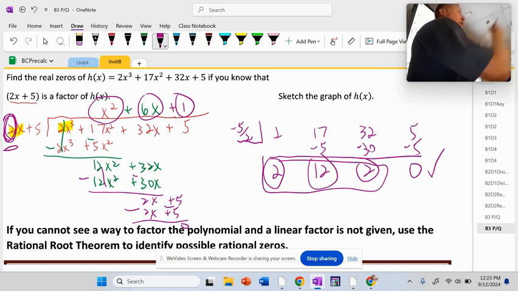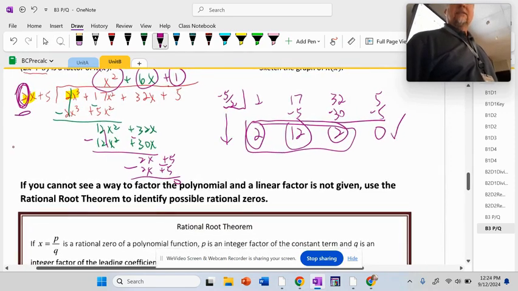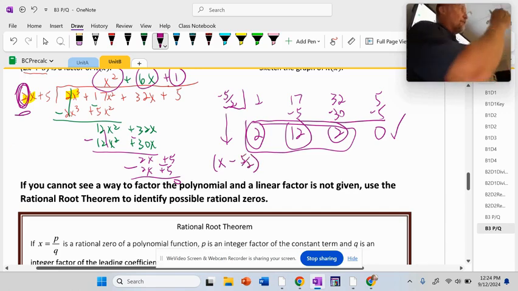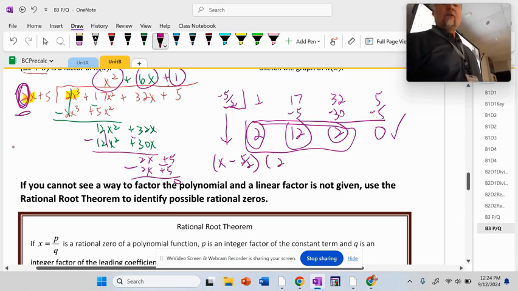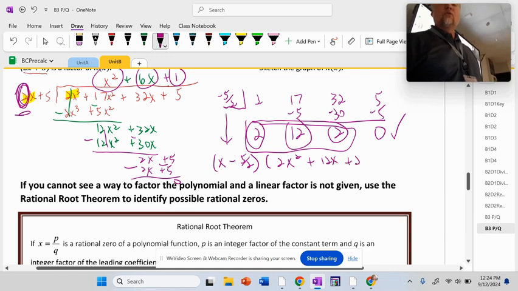You got it? Or another way of looking at this, the way synthetic division reads this is you factored by x minus 5 halves. That's how that reads when you put negative 5 halves in here. That's why you have this polynomial, 2x squared plus 12x plus 2.